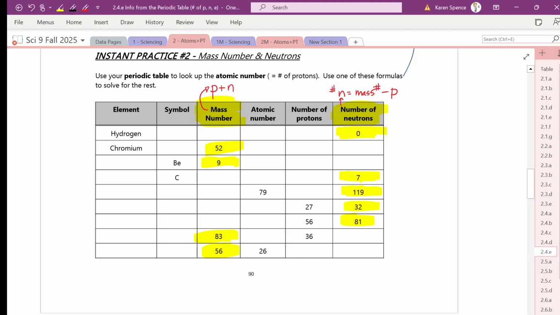So for your homework, it is a weekend. It's going to be a little bit bigger. Let me see. That's 89 and 90 and 17.9.